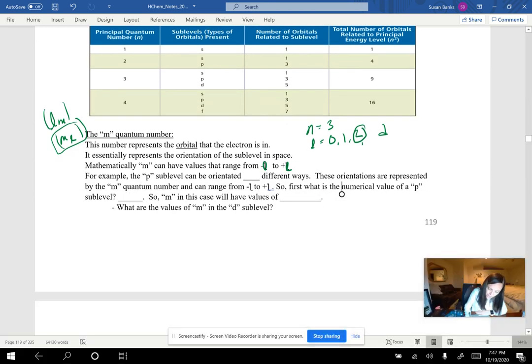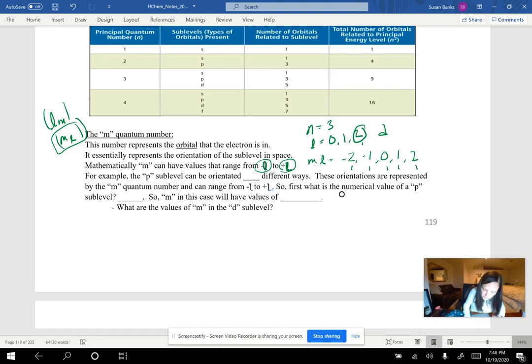So that means I can have orientations from -2 all the way up to +2. So my M sub L numbers, or my M numbers, can be -2, -1, 0, +1, and +2. That means I'm going to have 1, 2, 3, 4, 5 orientations.